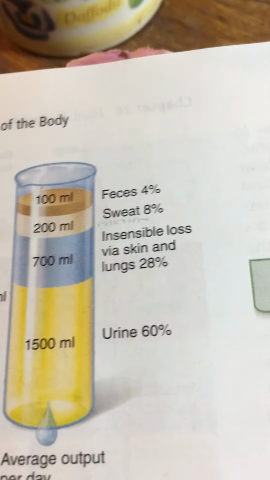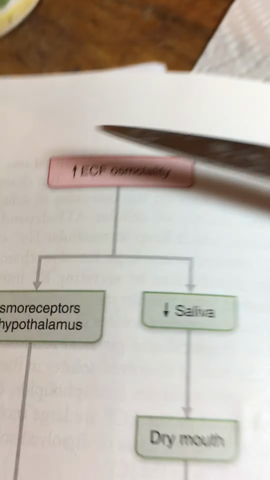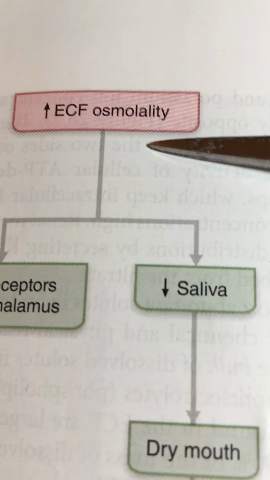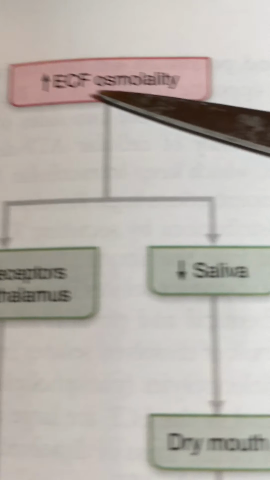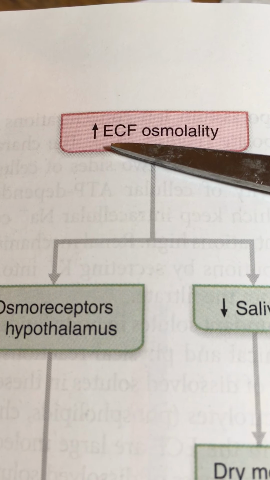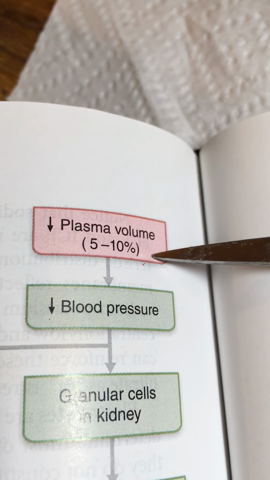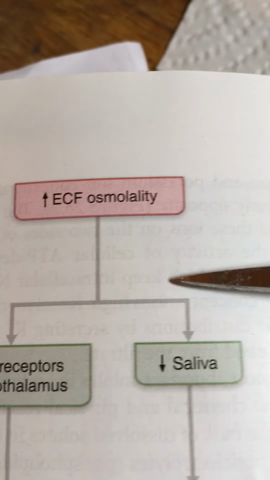Okay, then they're going over here in this little table, this little graphic illustration in which we have increased extracellular fluid osmolality, or it could be a decrease in plasma volume.